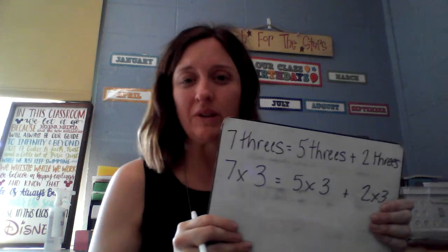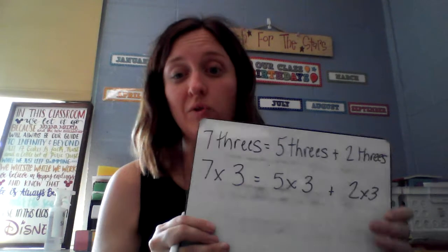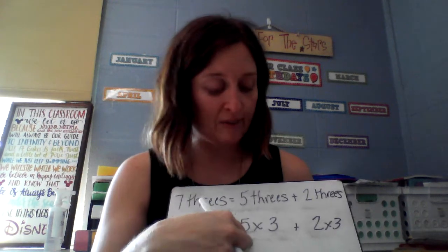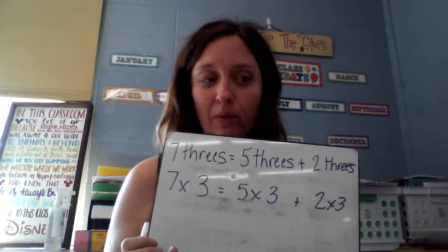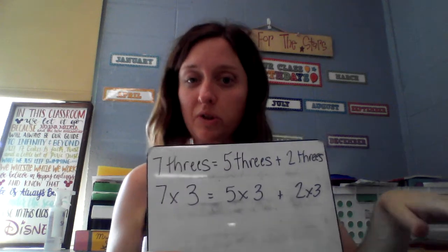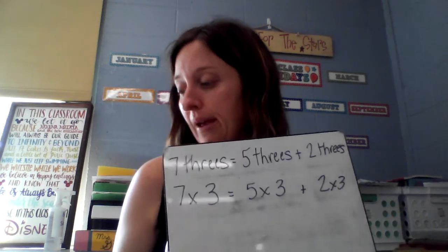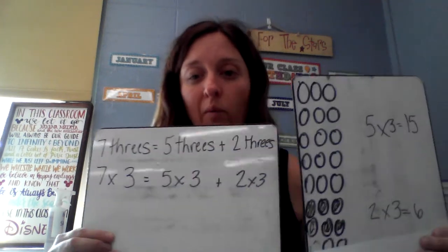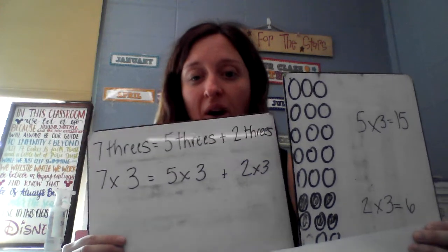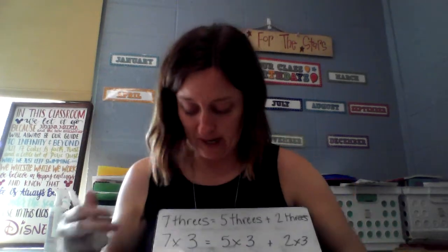So if you don't know what 7 times 3 is off the top of your head, you could do 5 times 3 plus 2 times 3. And that's a little bit simpler, right? We know what 5 times 3 is. We know what 2 times 3 is because we just did it in our array. We've already written those totals down. We've already done that work. So we know that 5 times 3 is 15.